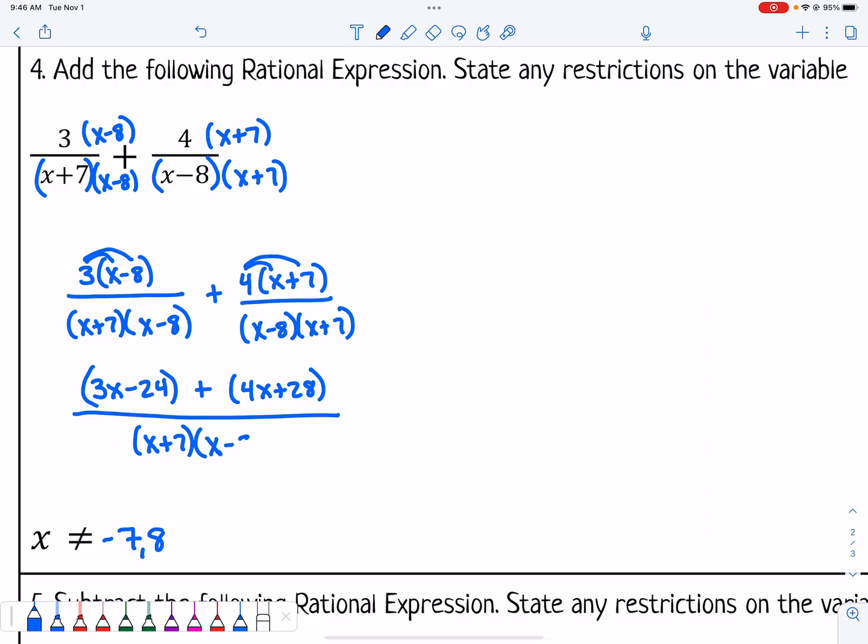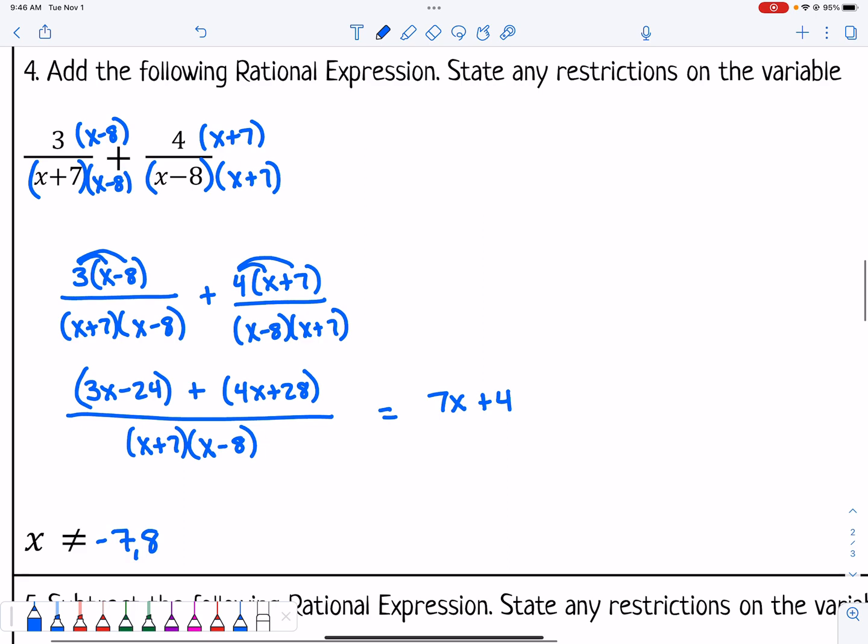Now it's all over x plus 7, x minus 8. So I can continue to put things together because 3x plus 4x would give me 7x, and then negative 24 plus 28 would give me positive 4. And then it's all still divided by x plus 7, x minus 8. But I can't simplify that any further, so we just leave it like that.